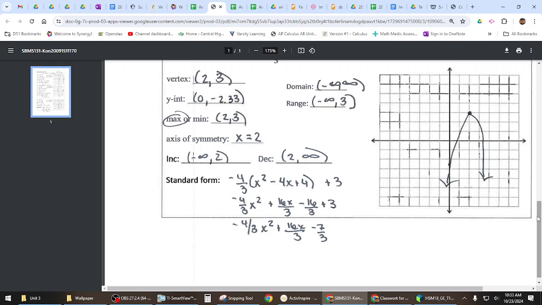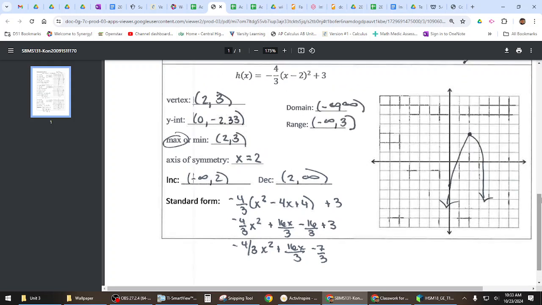All right. What form? That's vertex form. So the vertex should be just a quick read. 2, 3. How do you find the y-intercept in vertex form? Set x to 0.